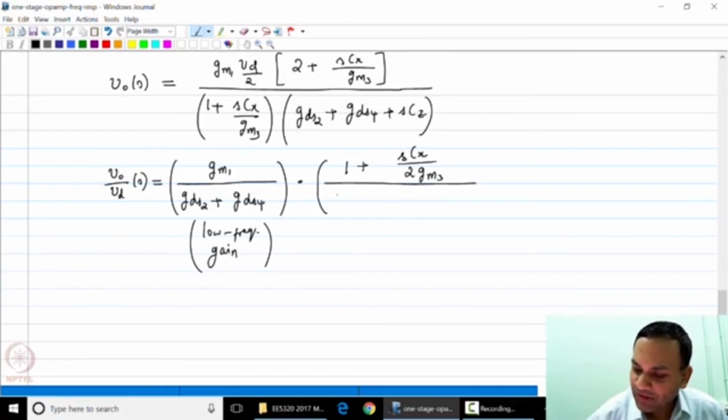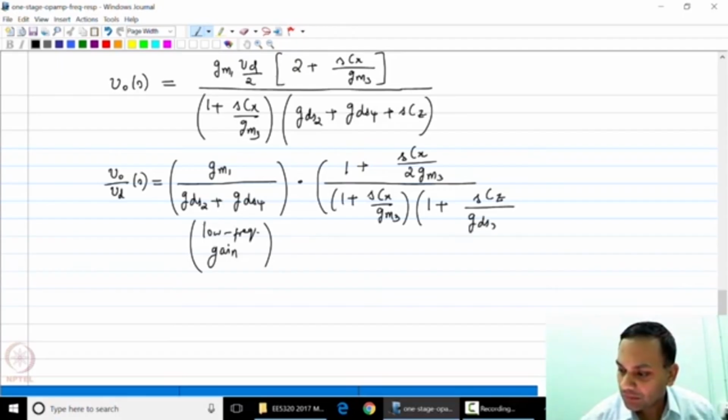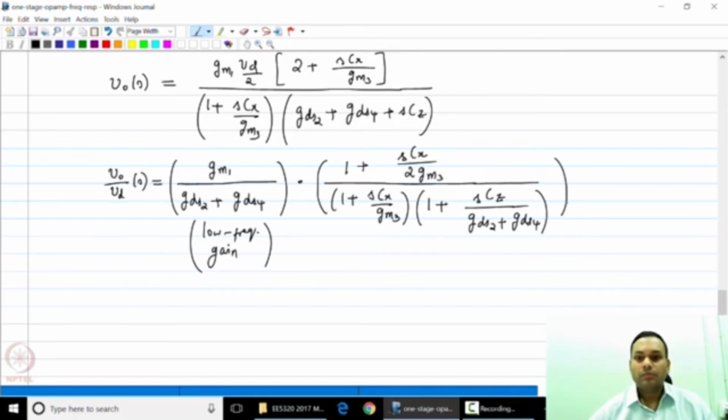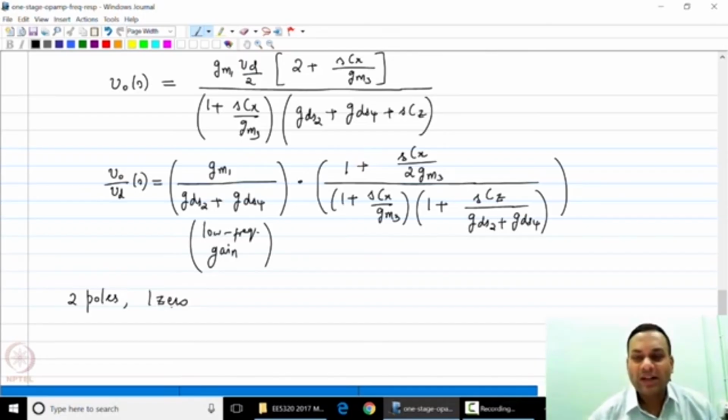The first pole is at GM3 over Cx, and the second pole is at GDS2 plus GDS4 over Cz. So the system has two poles and 1 zero. So that is the first thing we will understand.